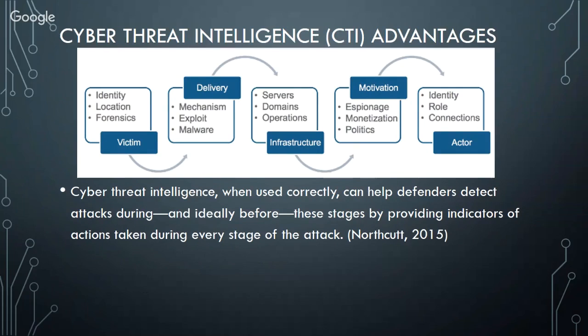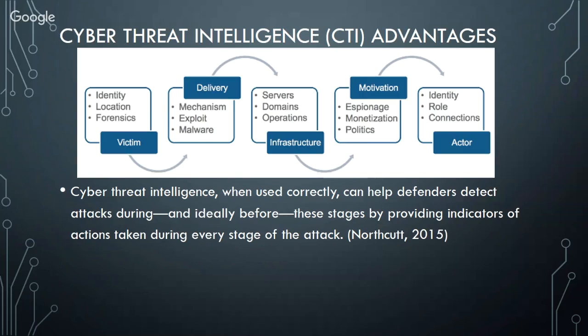This slide displays different stages of a typical attack campaign and responses leading back to the actor attribution. CTI can help victims more readily identify delivery mechanisms, indicators of compromise across infrastructure, and potential actors and specific motivators as well.